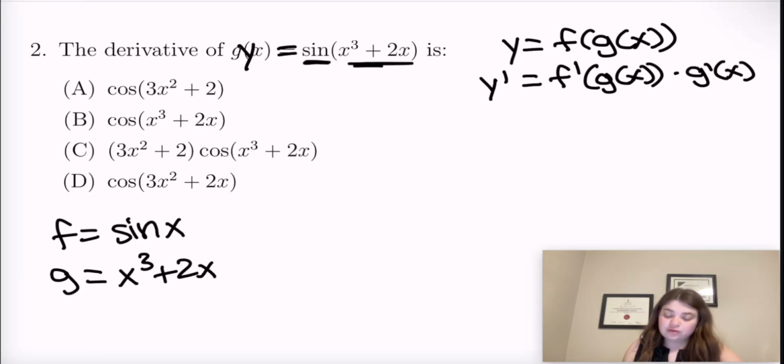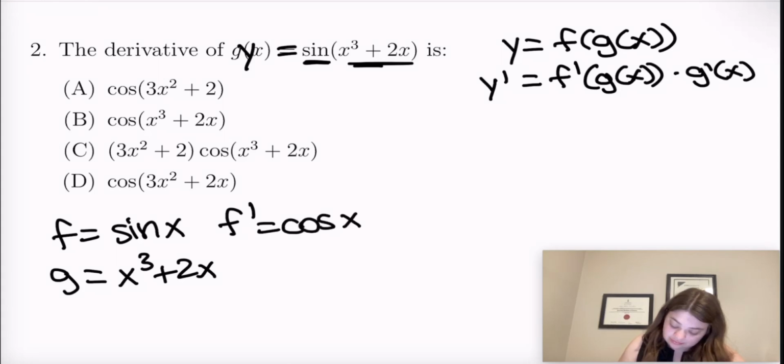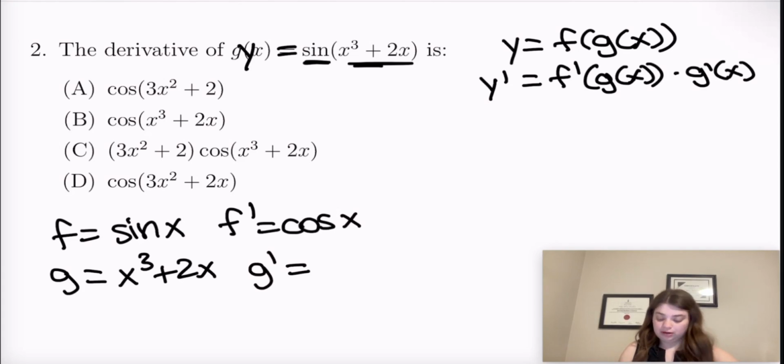Okay, so what is the derivative of sine x? Well, the derivative of sine x is cosine of x. And then what's the derivative of g of x? Using power rule, we get 3x squared plus 2.